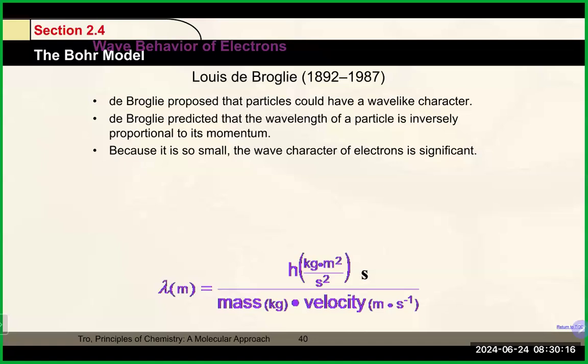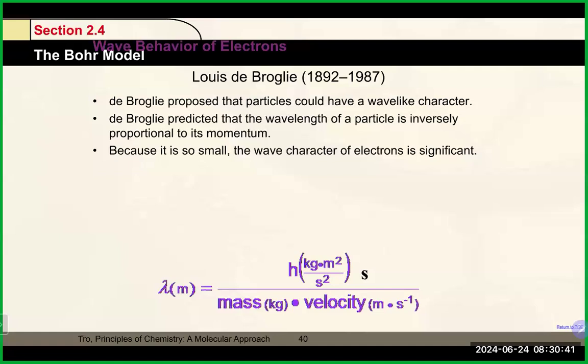So later experiments and ideas, especially ideas, moved us away from Bohr's model of the atom, with electrons moving around in these nice circles, to this idea that we really don't know exactly how particles like electrons are moving.